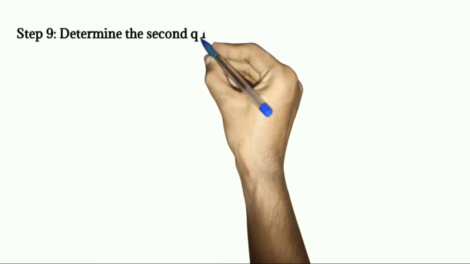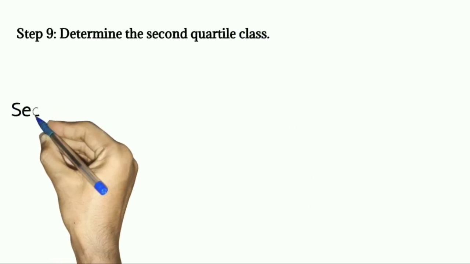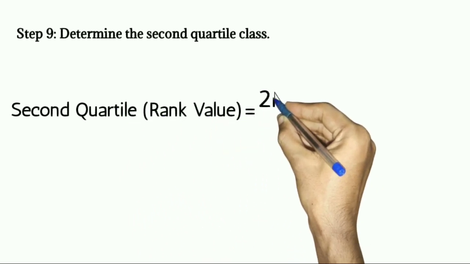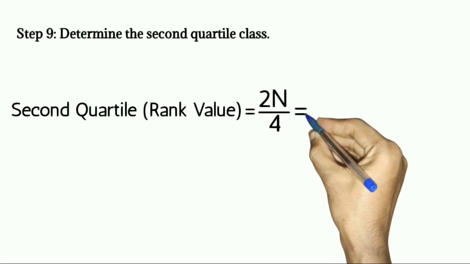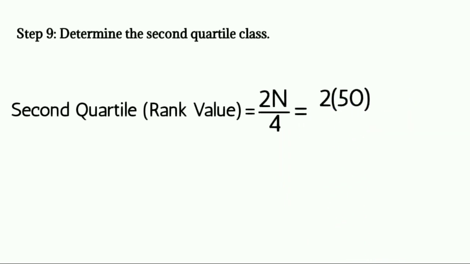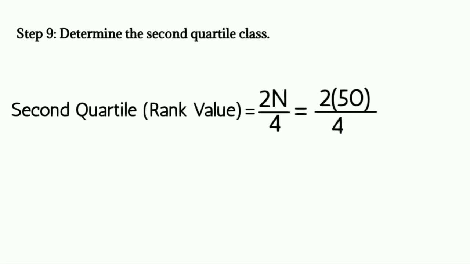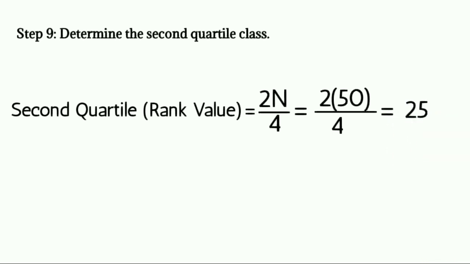The next step is to determine the second quartile class. Use the following formula. Second quartile rank value is equal to 2n over 4. That will become 2 times 50 over 4. 2 times 50, that is equal to 100, divided by 4, that is equal to 25.